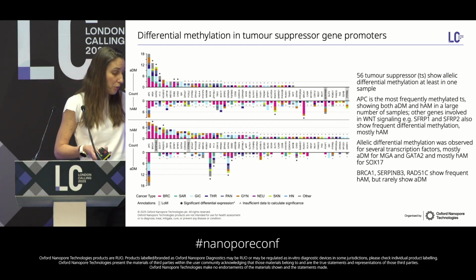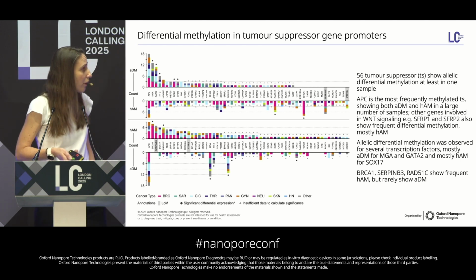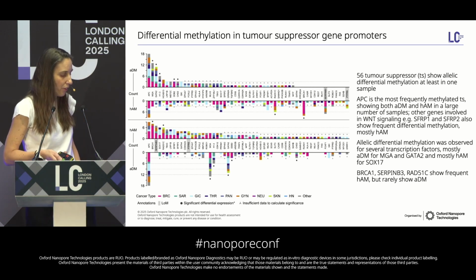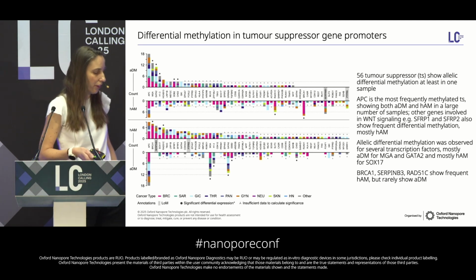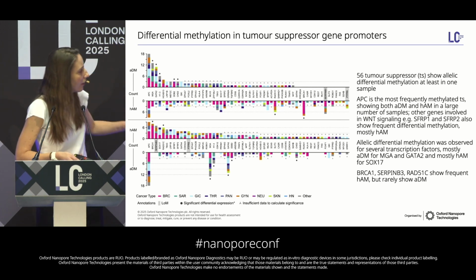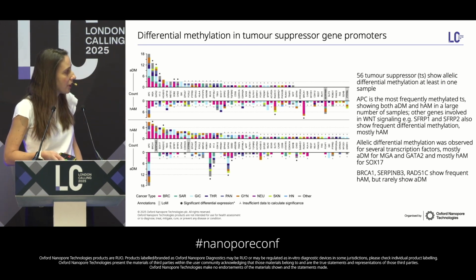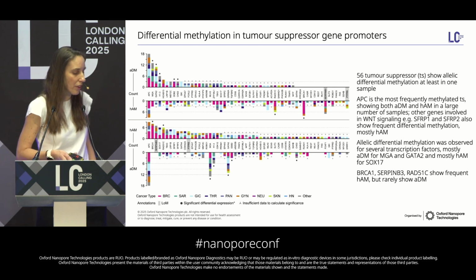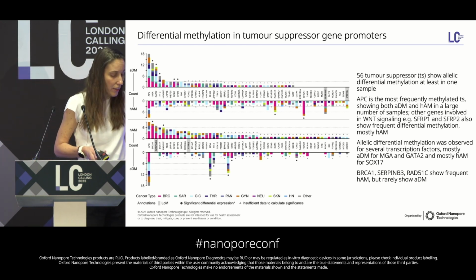There are also transcription factors, MGA, GATA2, and SOX17, which show frequent differential methylation. At the bottom, you can also see two genes which are known to be involved in DNA repair, more specifically homologous recombination repair. These are BRCA1 and RAD51C.